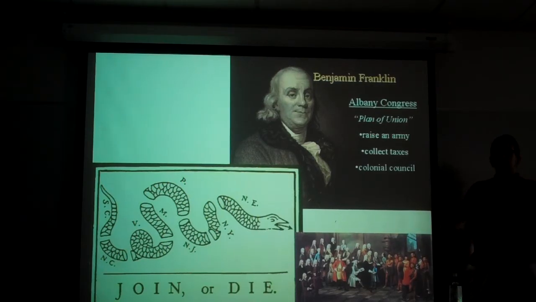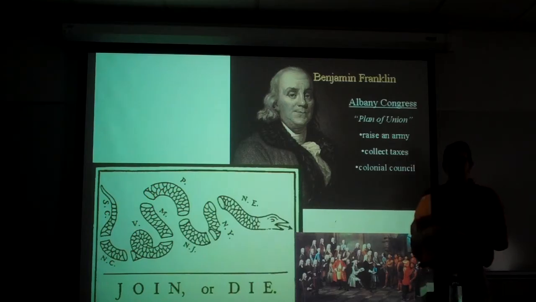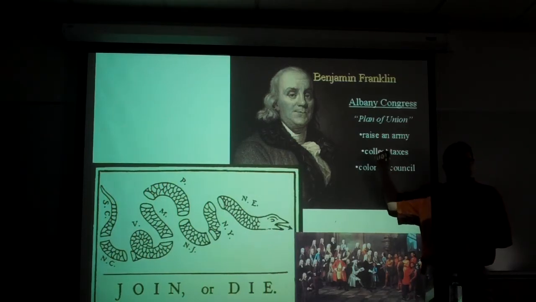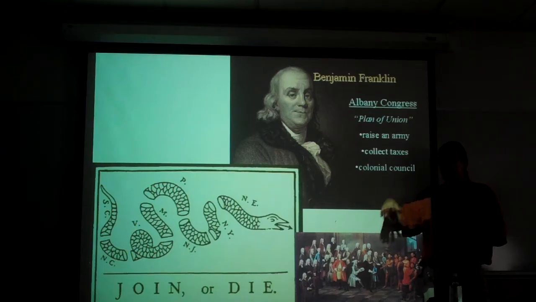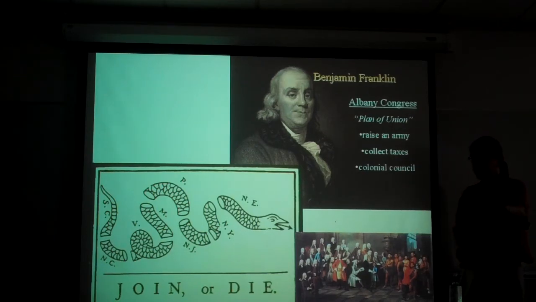Now, Franklin was a magnetic personality and an 18th century celebrity, especially to other political actors here in the colonies. And some really did see the merit of his ideas. And he persuaded the delegates at Albany to agree to his plan. Success. Not so fast.